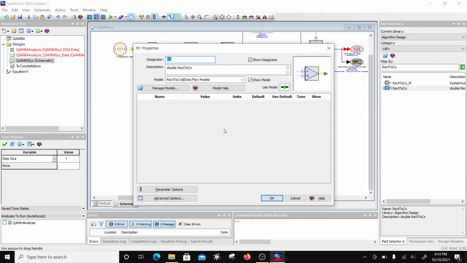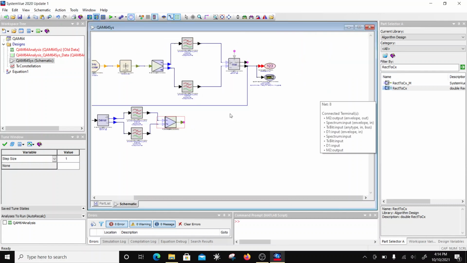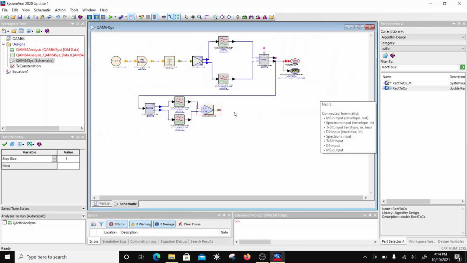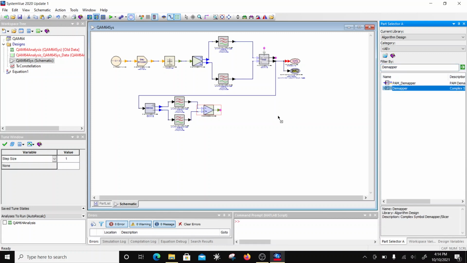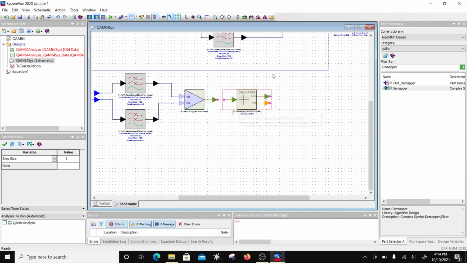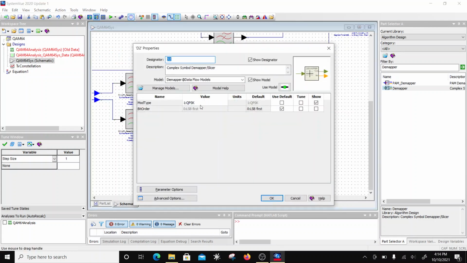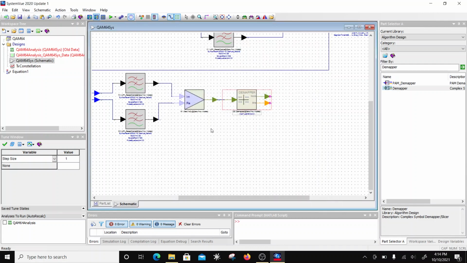Okay, so this is done, and after this I am going to put here a mapper or demapper, and this is going to give you the bit stream as the output, the input being the complex I and Q, and this modulation is QAM64, correct?